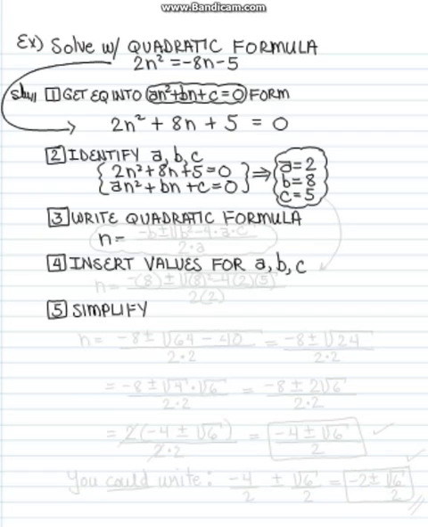N, according to the quadratic formula, is equal to a long line, negative b, plus or minus a long square root of b to the second power minus 4 times a times c, all of that over 2 times a. We have to have this memorized to be able to use it. And we can only use it when we have the equation given to us or written in the proper form.